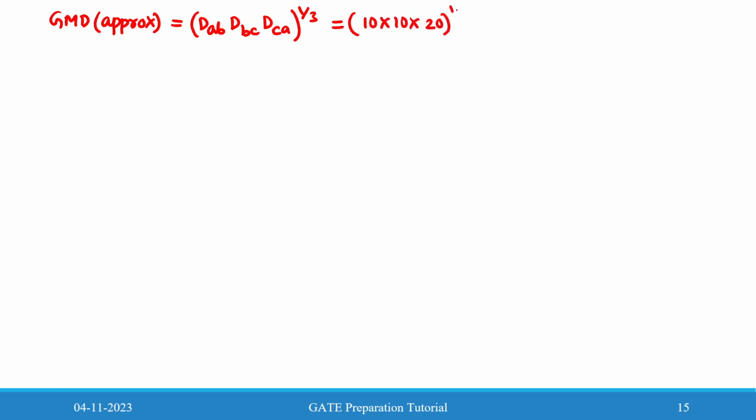We can write the approximate GMD value as DAB, DBC, DCA to the power 1 divided by 3, that is 10 into 10 into 20 to the power 1 divided by 3, coming as 12.599 meter, that is 12.6 meter.